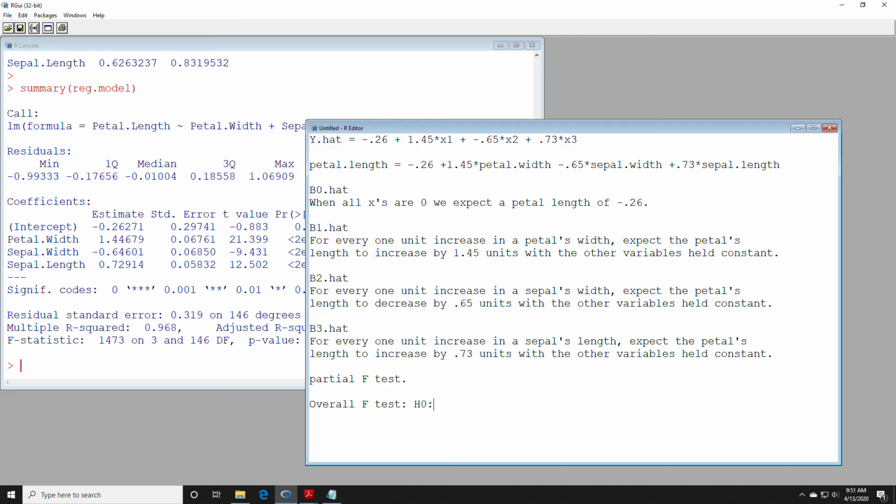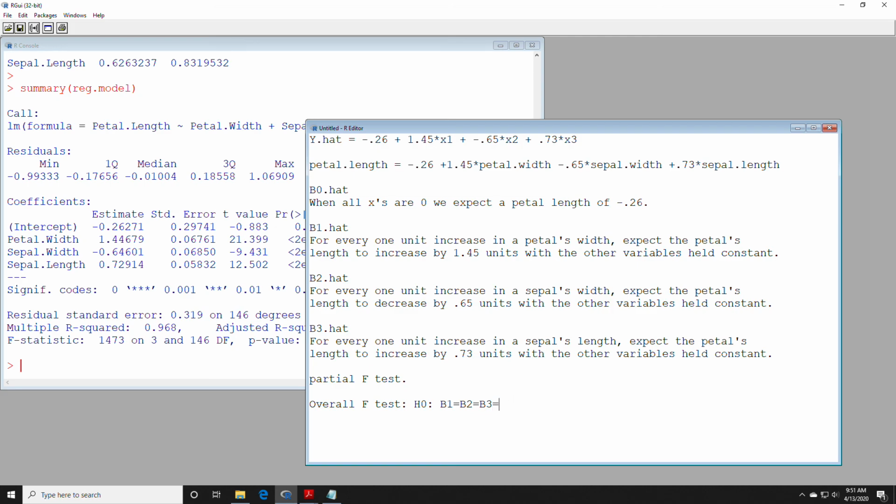It's testing the hypothesis that beta 1 is equal to beta 2 is equal, in this case, to beta 3, is equal to 0. Notice I didn't include beta naught. The intercept is useless here; it doesn't contain information about these. If you had more predictor variables, you would just keep tacking them on.